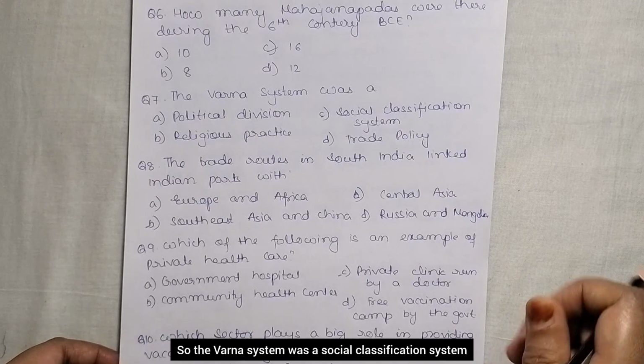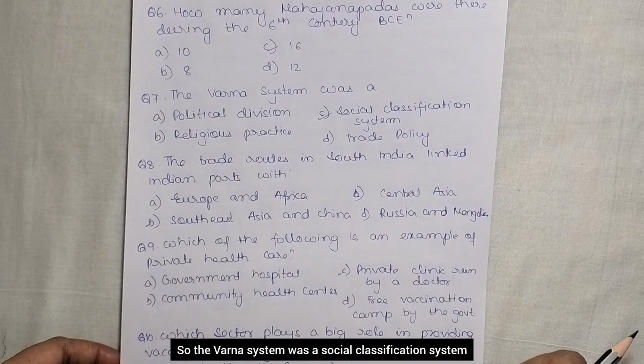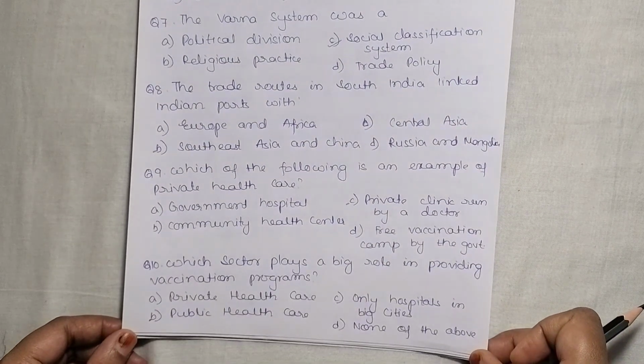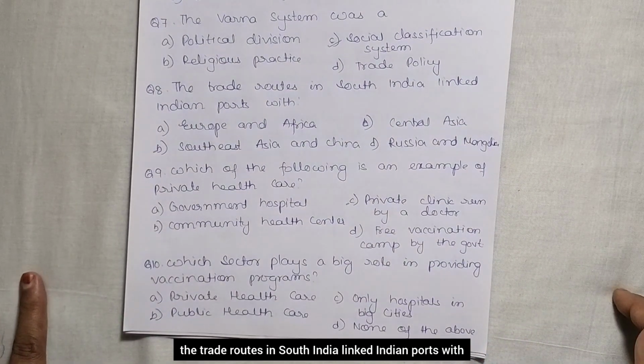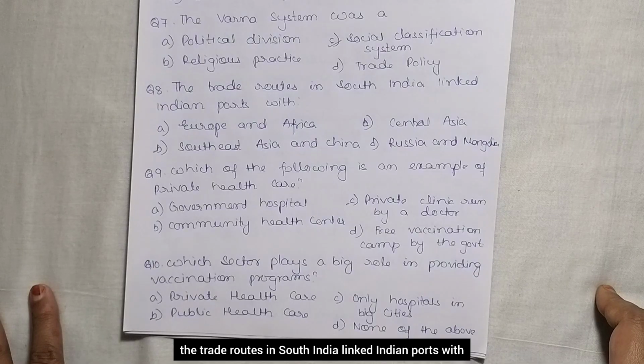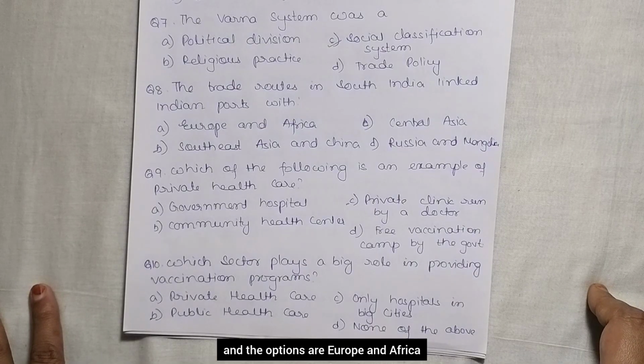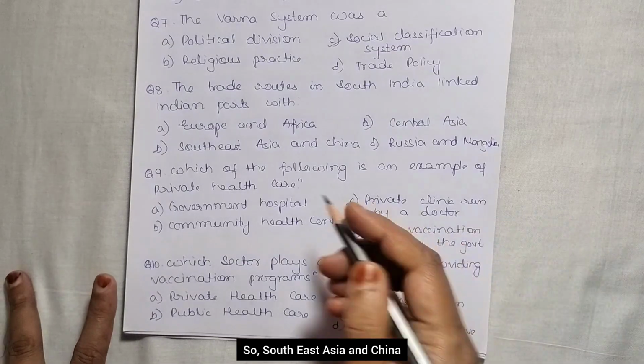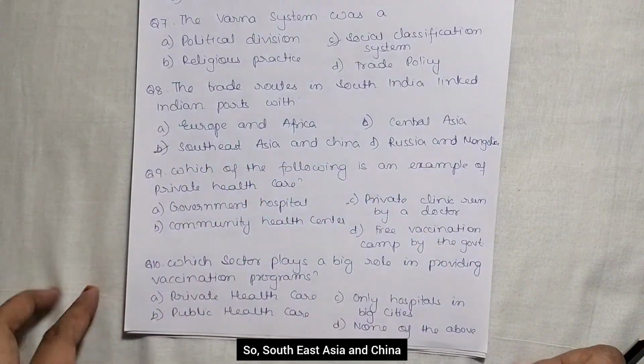So the Varna system was a social classification system. Next, the trade routes in South India linked Indian ports with, and the options are Europe and Africa, Southeast Asia and China, Central Asia, Russia and Mongolia. So Southeast Asia and China.